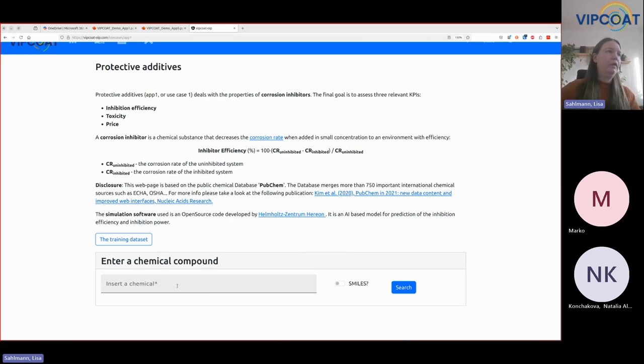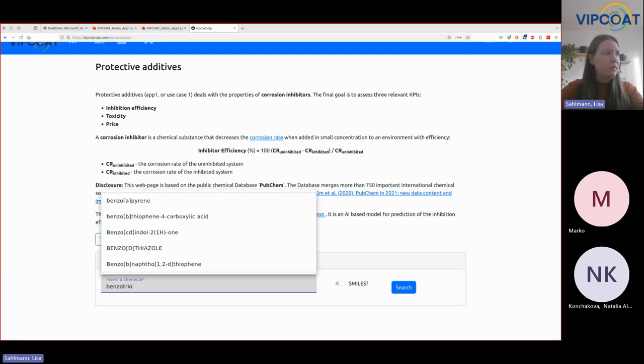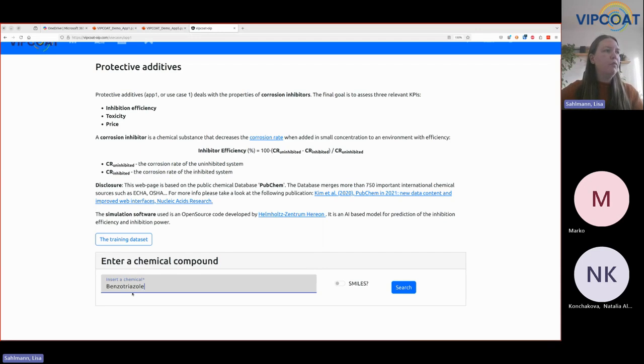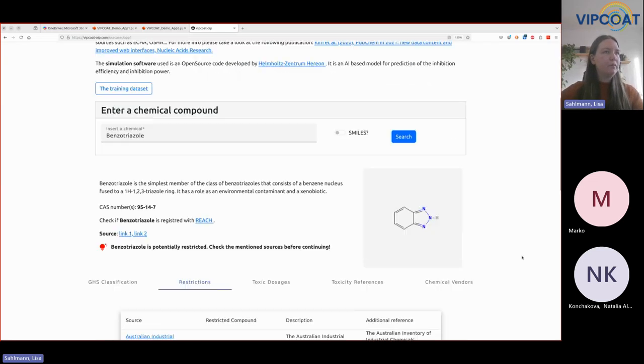So now you can put in a molecule that you are interested in. Let's try this one. And so you can put in the name of the molecule, or you could also put in the SMILES. You can search for this molecule, and then you get some information.